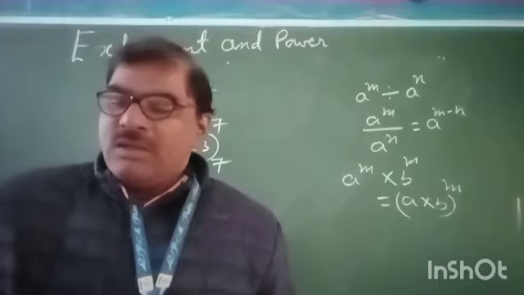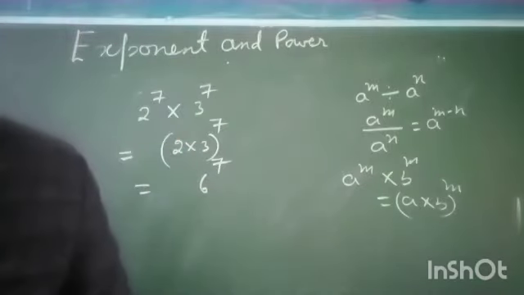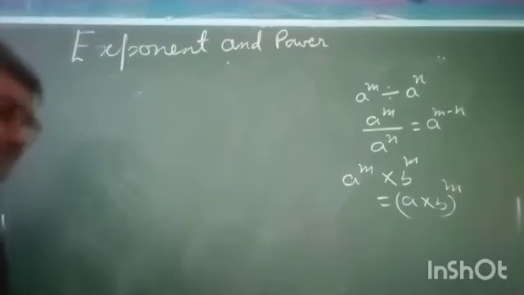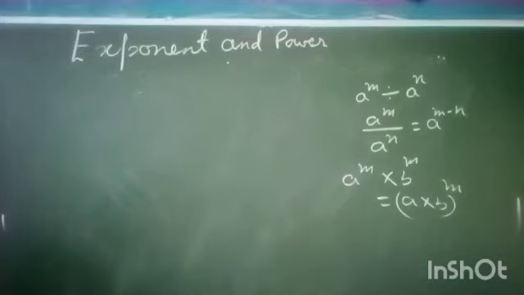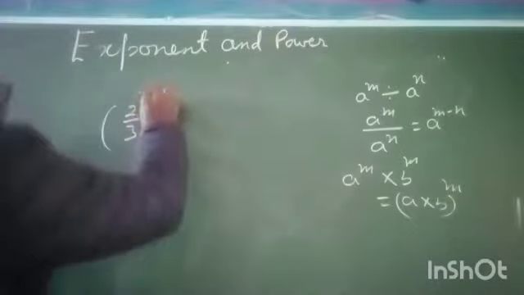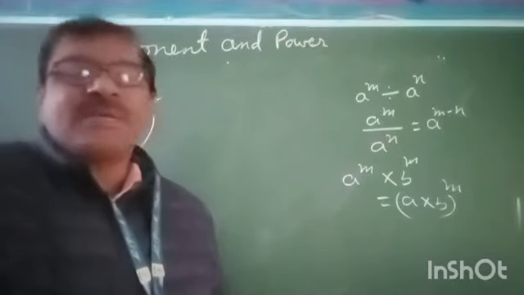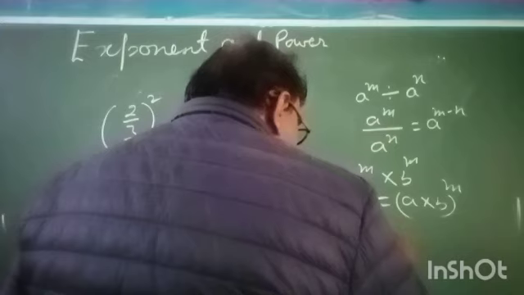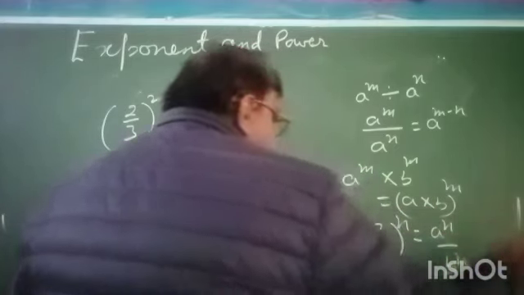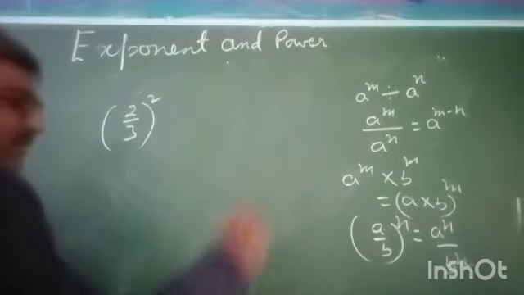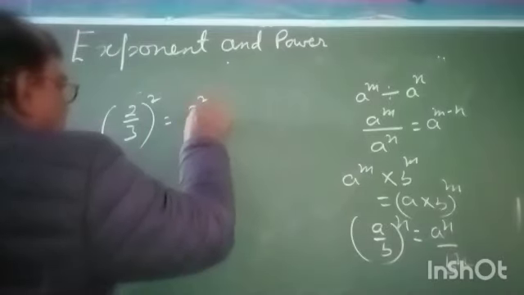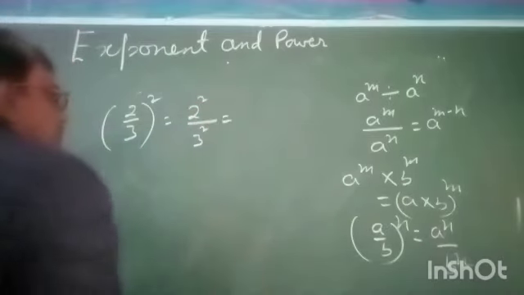Now, the next question is (2/3) whole to the power 2. The law of exponents, as you know, says (a/b) whole to the power n equals a to the power n upon b to the power n. So with the help of this law of exponents, we can write 2 square upon 3 square.